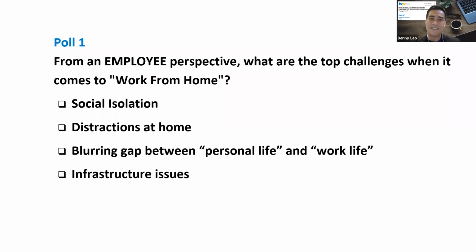Oh, okay, we've got the result. It seems like, wow, blurring the gap between personal life and work life is actually top at 61%. That's more than half, which means that when you work from home, a lot of employers think that I'm working 24/7. Maybe that's something that we need to think about. Okay, right.